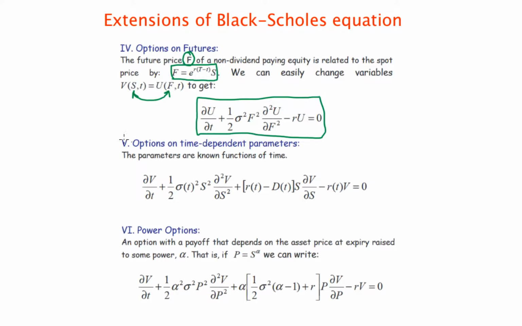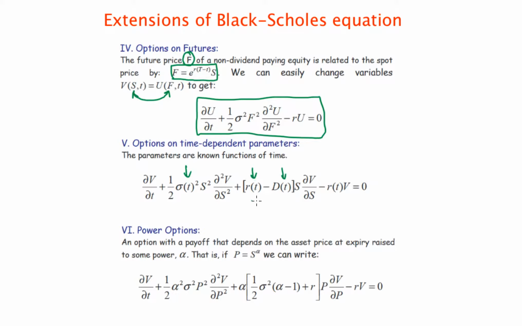Okay, another extension is options with time-dependent parameters. If we have that the volatility or the interest rate are not constant, but are functions of time, and let's suppose we do know these known functions of time, we have to include them here.